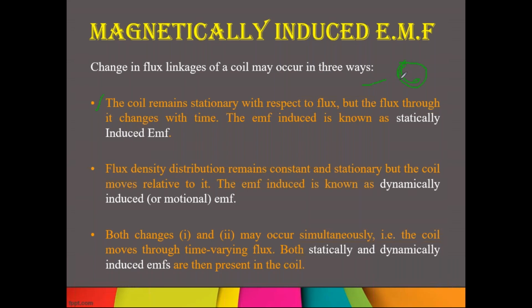So when the magnet is constant and the conductor flowing through it is moving, that EMF is called statically induced EMF. It means the EMF induced with a stationary magnet and stationary coil is called statically induced EMF. The next one is the EMF induced by the motion of the coil. In the first case the coil is stationary, so due to this condition the EMF induced is called statically induced EMF.